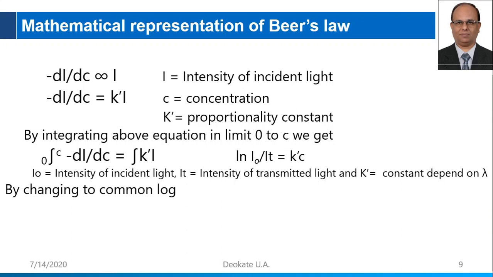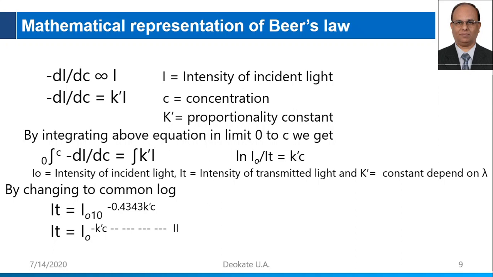By changing to the common logarithm, that is to the base 10, we get I_T equals I0 times 10 to the power minus 0.4343 k dash C. This 0.4343 can be included in k dash, and we get the modified equation I_T equals I0 times 10 to the power minus k dash C. This is the second equation, which is generally called Beer's law equation.